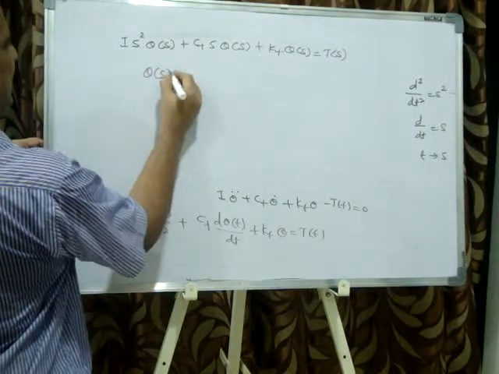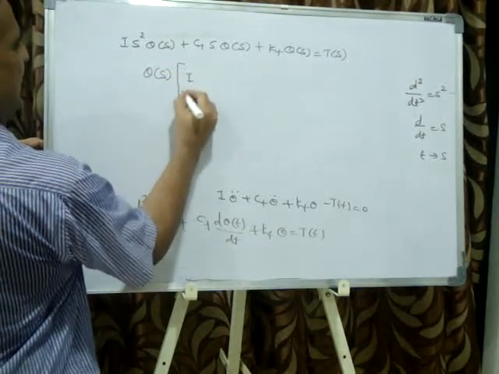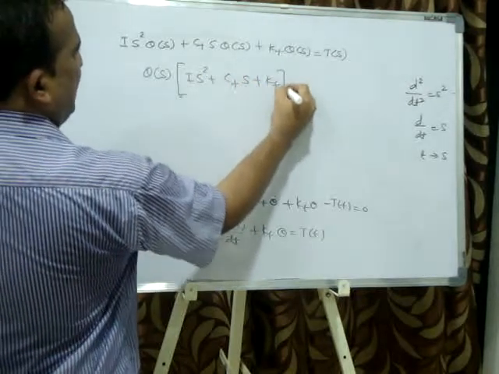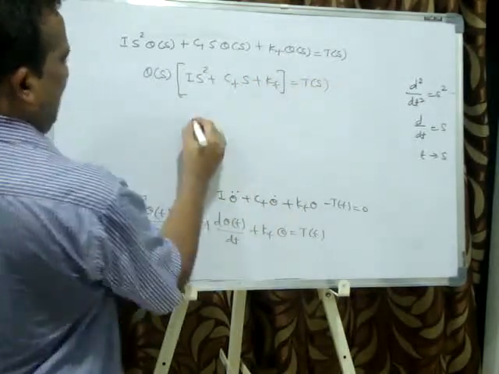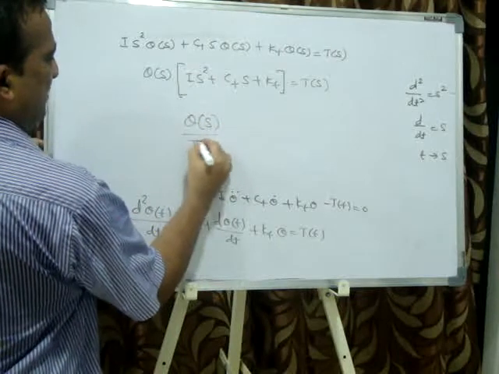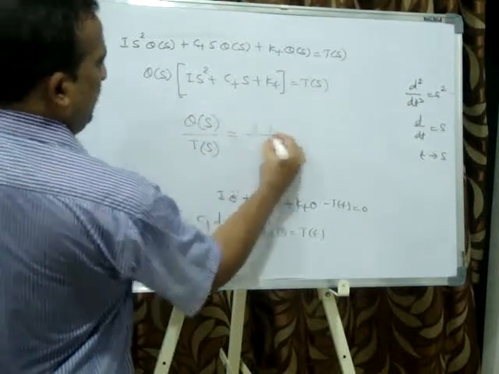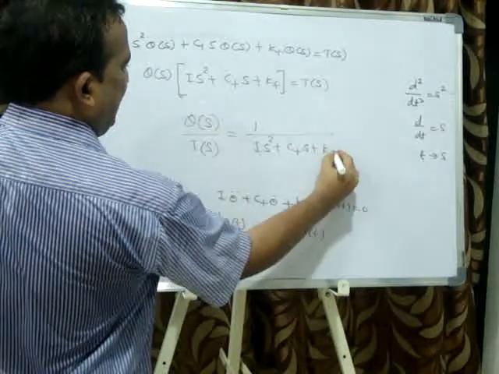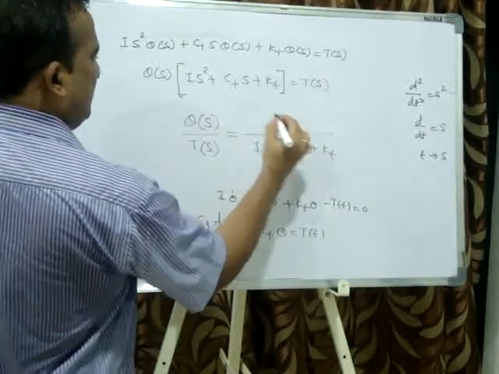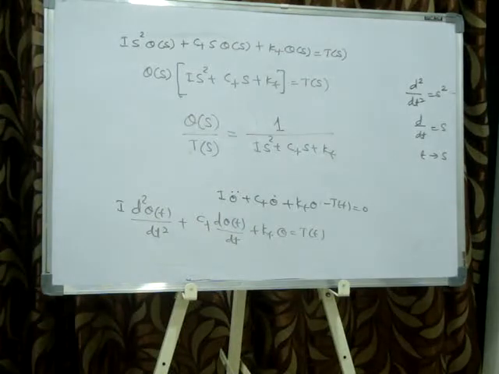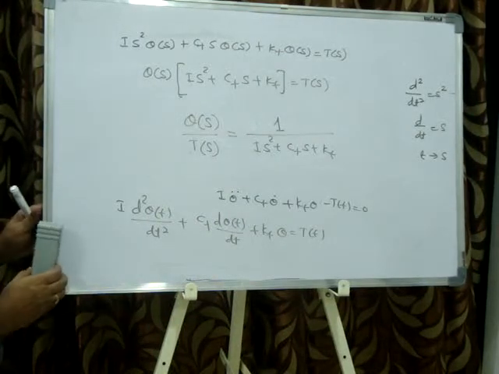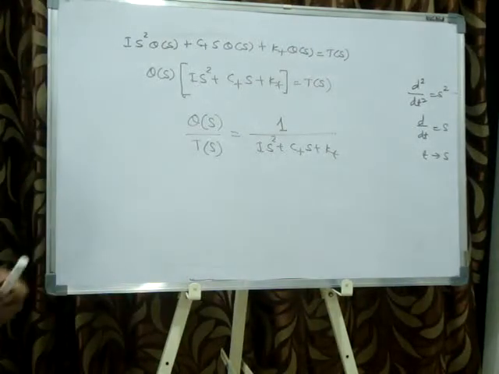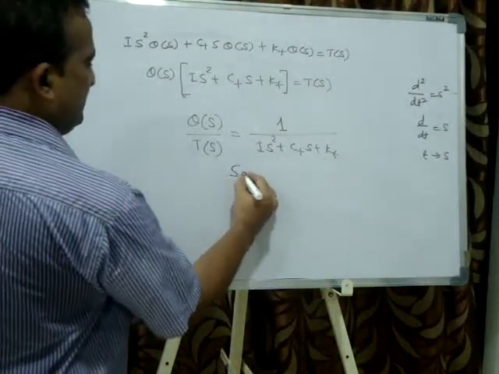So theta of s I will take common: I s square plus Ct s plus kt equal to T of s. The Laplace of output divided by Laplace of input equals 1 by I s square plus Ct s plus kt. This is also a second order system, because the highest power of s in the denominator is 2.